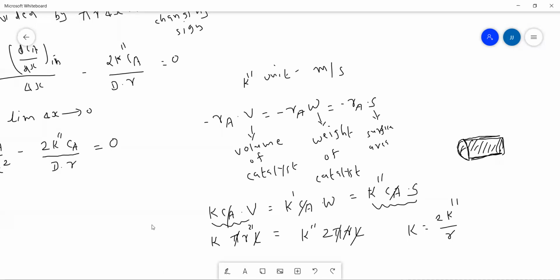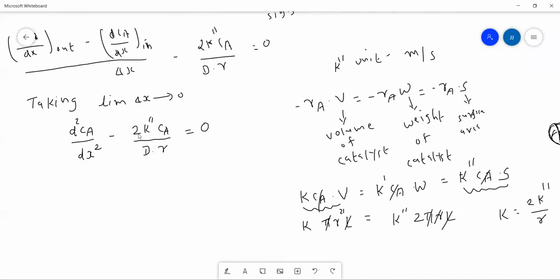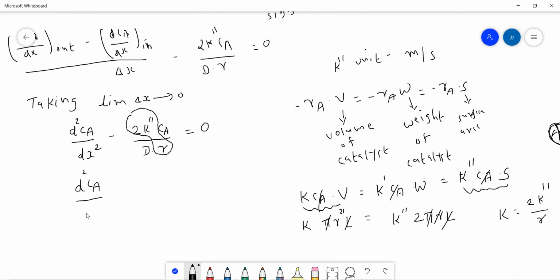Now you can substitute this value in the equation. Instead of 2k double dash by R, I can put K. This equation becomes d square CA divided by dx square, minus K CA divided by D, the diffusivity, is equal to 0.